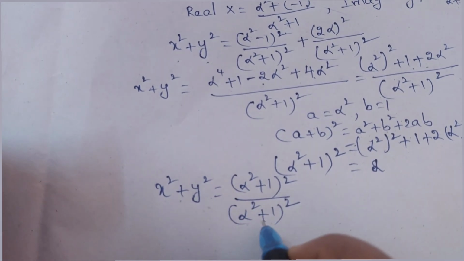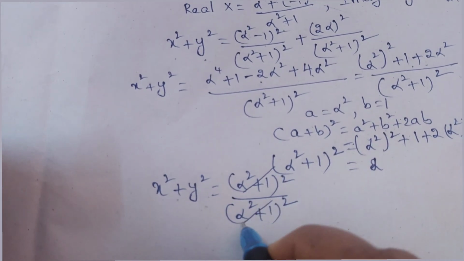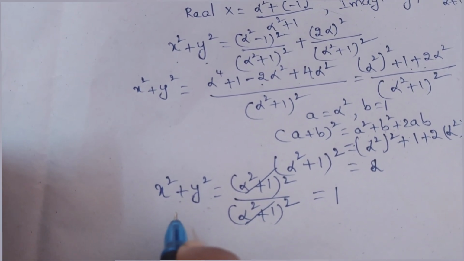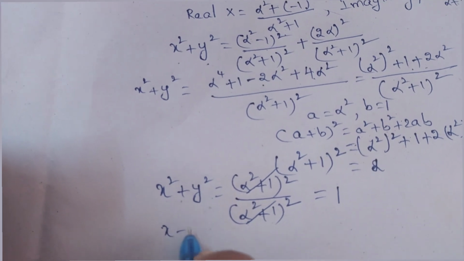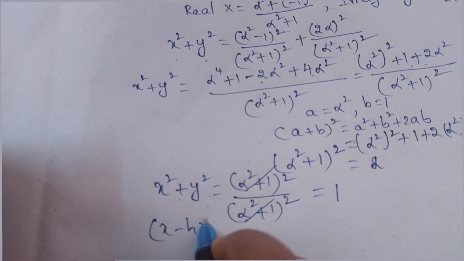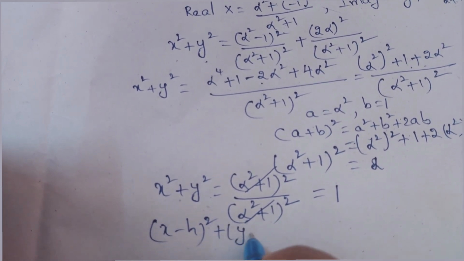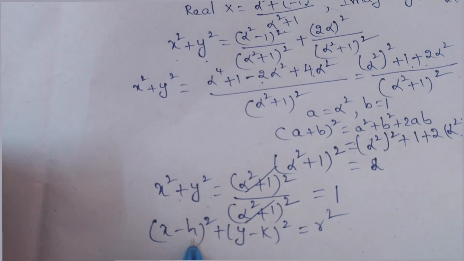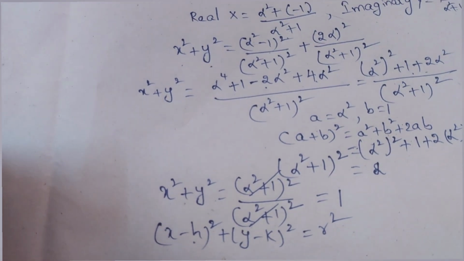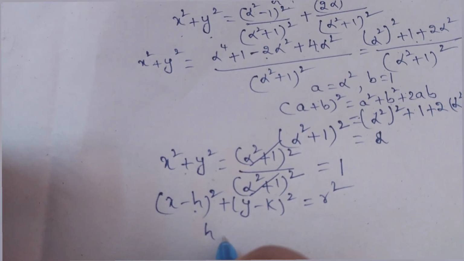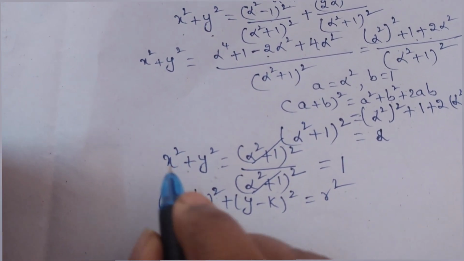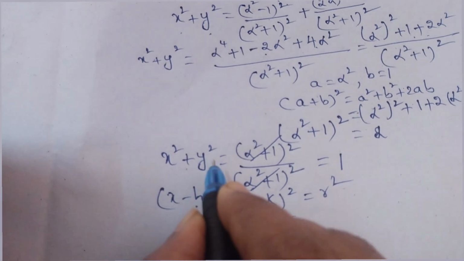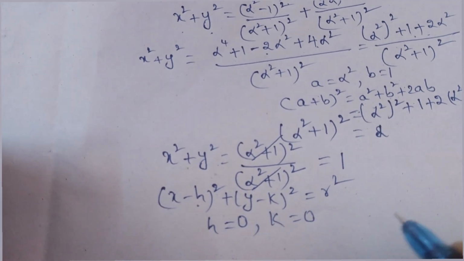The numerator and denominator are both the same, so cancel it. We get 1. So it is a circle equation. We know that x minus h whole square plus y minus k whole square equals r square, where h, k are the center. There is no h here, so h is 0, and there is no k, so k is 0.